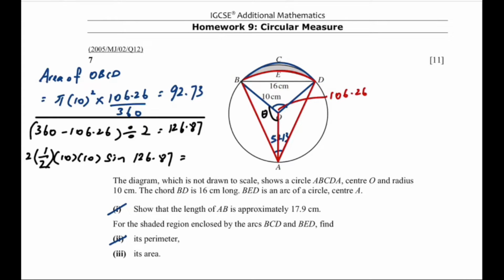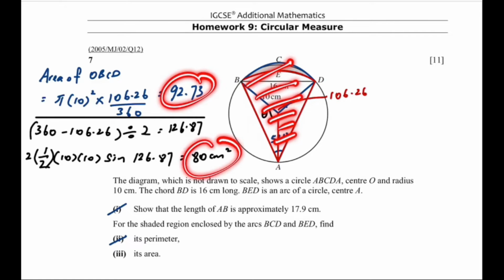So this is the area of triangle BOA and DOA combined together. 2 times 1 over 2 is basically 1. So I have 80 cm square for both triangles. So the area of the whole thing here should be 92.73 plus 80.